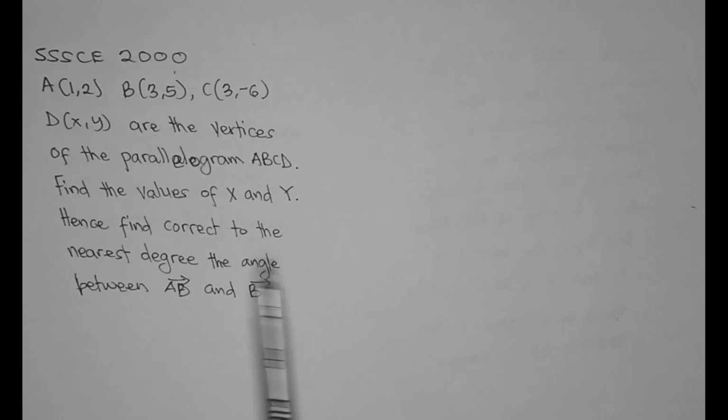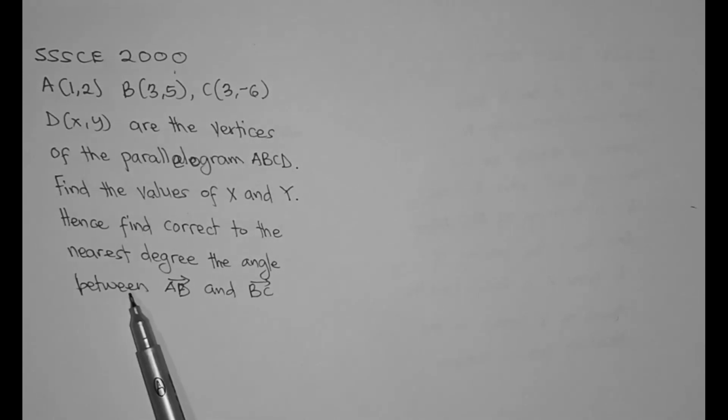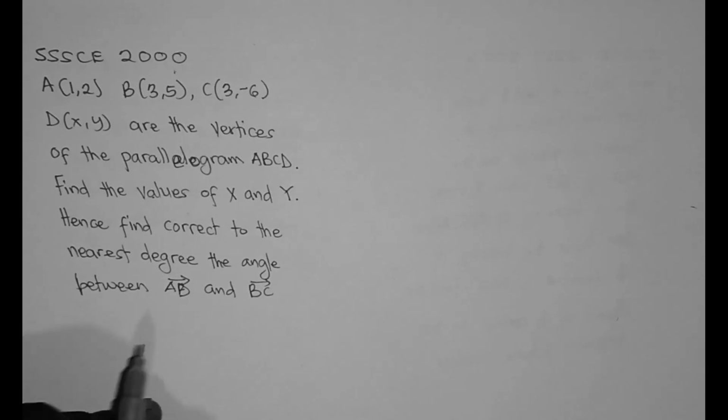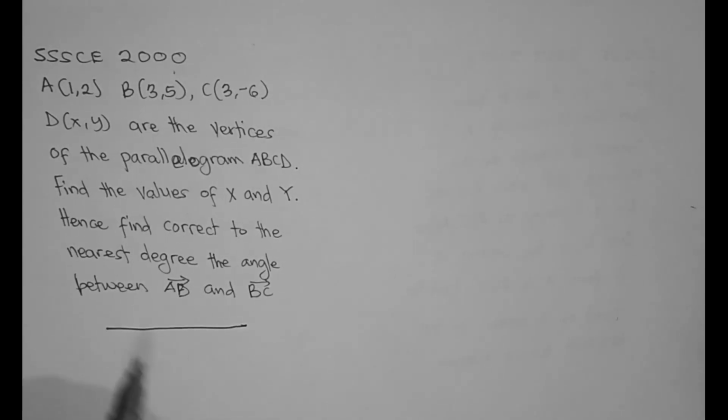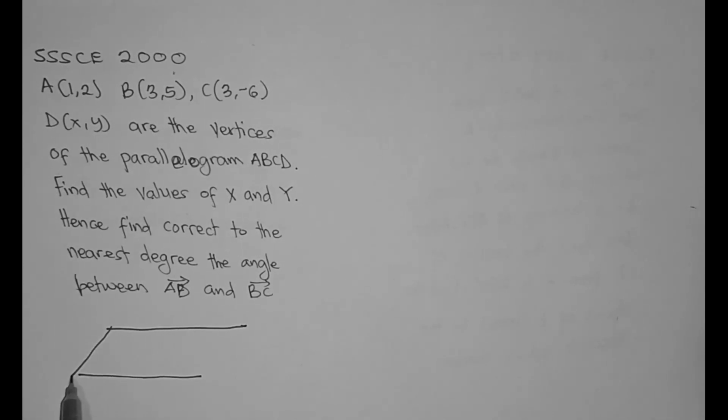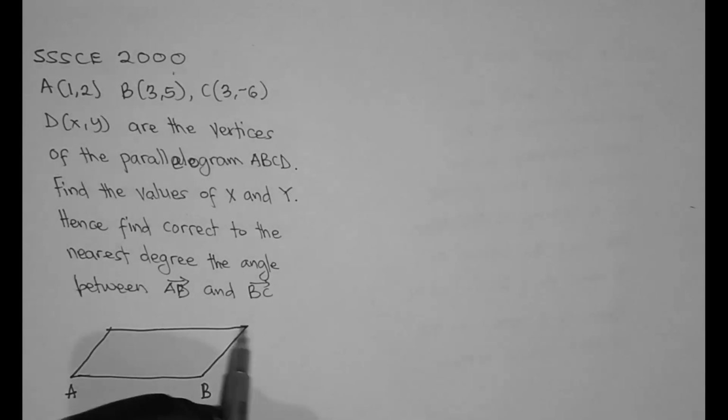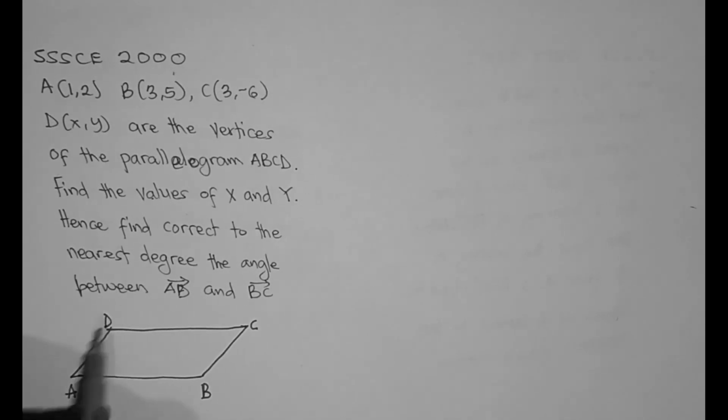Hence, find correct to the nearest degree the angle between AD and BC. So since it's a parallelogram, let's draw a parallelogram. So a parallelogram looks like this. So this is our parallelogram. So it is A, B, C, and then D.